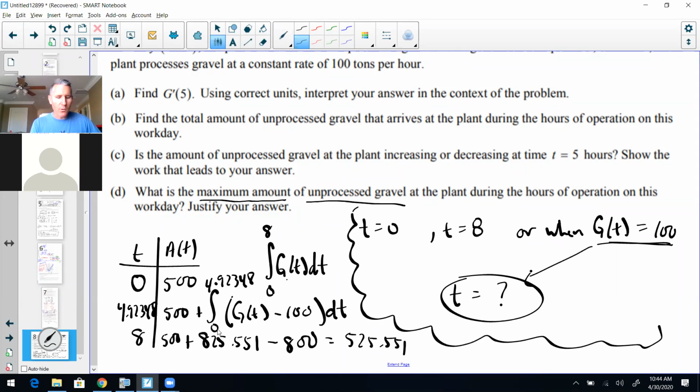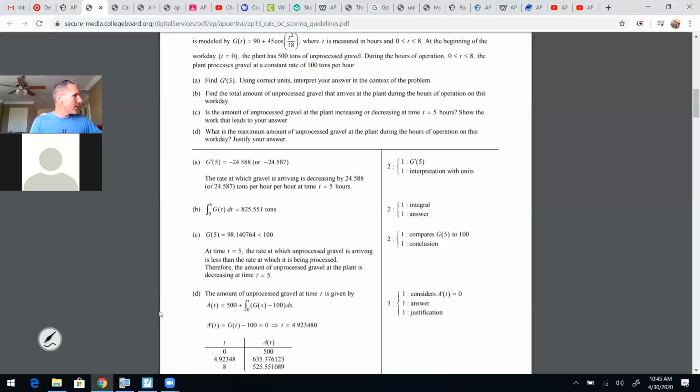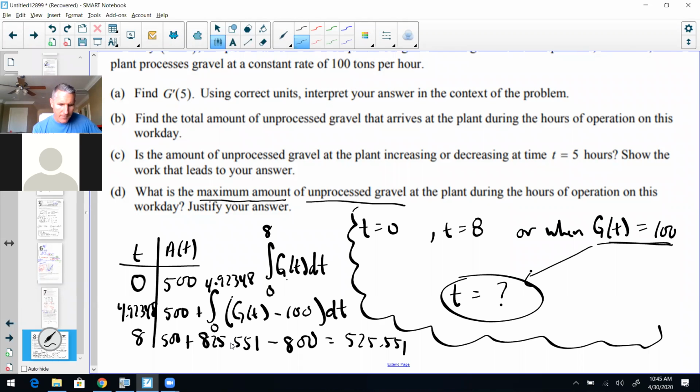So the integral from 0 to 4.92348 of that is the total net change of gravel, how much was brought in and processed out when t is equal to 4.92348. Then you also have to add in how much gravel was already there when we started. What we saw there is that it ended up being 635.376.